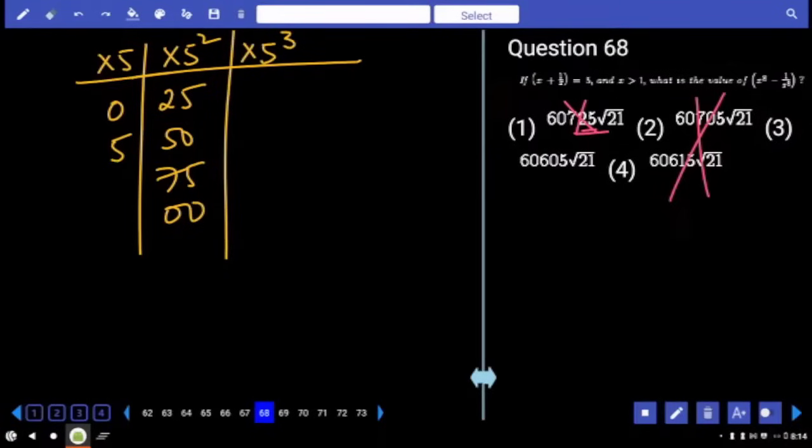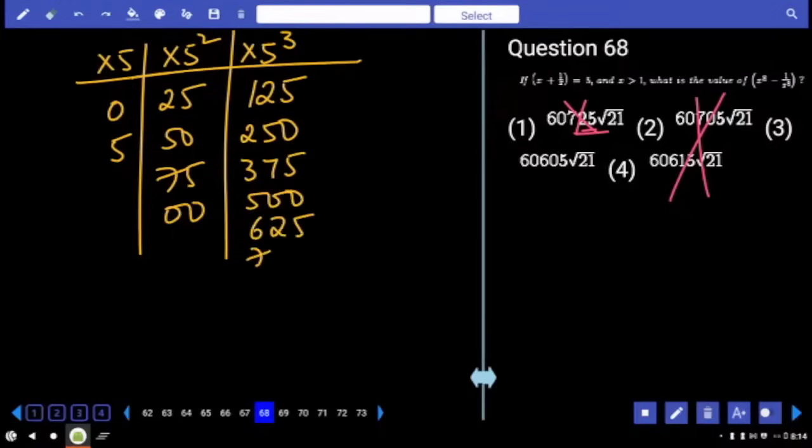What is 5 cube? 125. Keep on adding 125: 250, 375, 500, 625, 750, 875, 3 zeros.